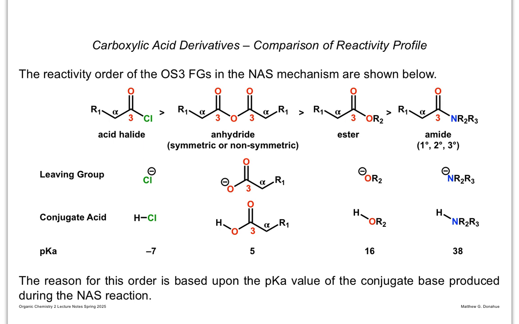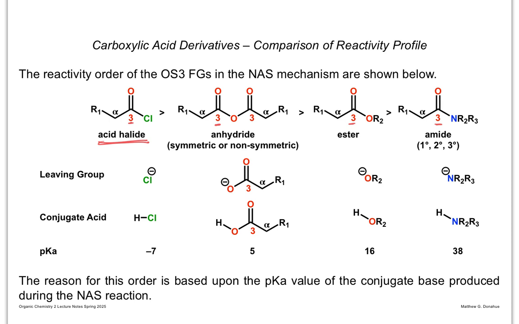Of the four oxidation state 3 functional groups listed, the acid halide is really the best starting material. So we're going to learn how to take a carboxylic acid into the acid halide.